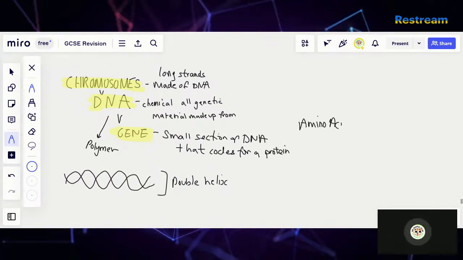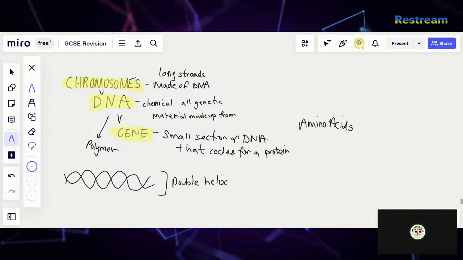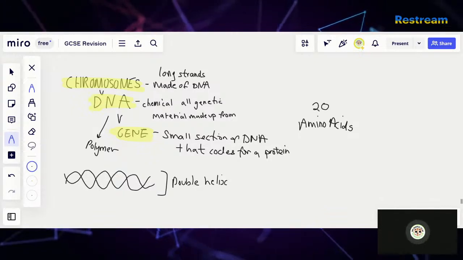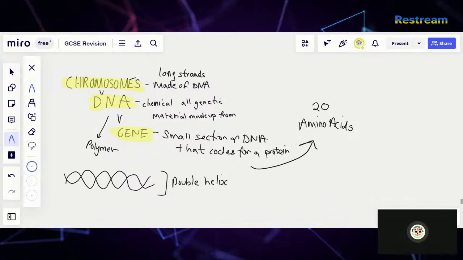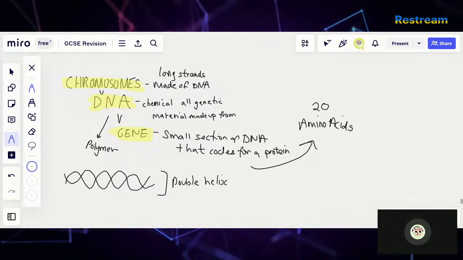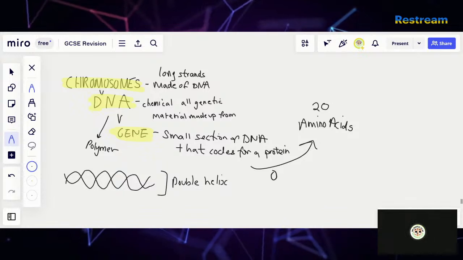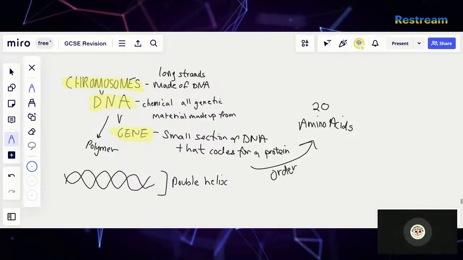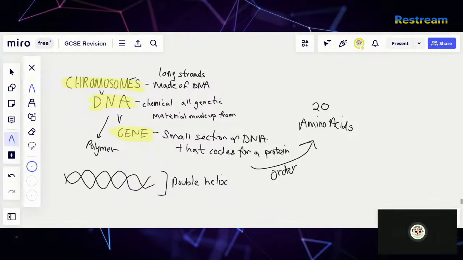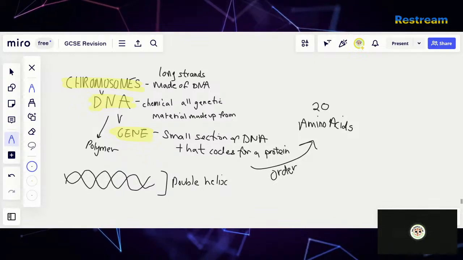So we don't need to define amino acids. Amino acids are just proteins. Now there's 20 different types of amino acids. What genes do is determine the order of these 20 different amino acids. And the order is really important because depending on the order is all the different characteristics we get.